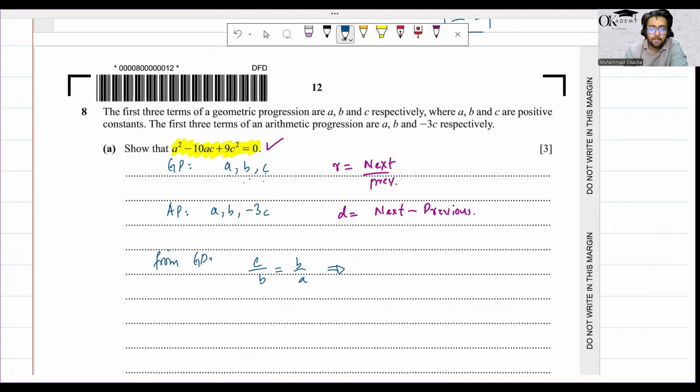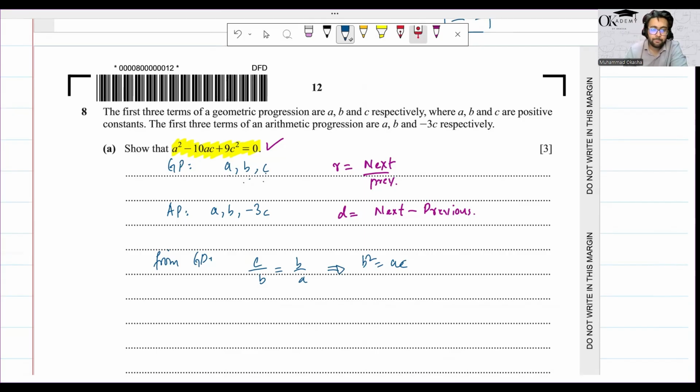Okay, let's cross multiply. So if I were to cross multiply it, I should get b squared equals ac.